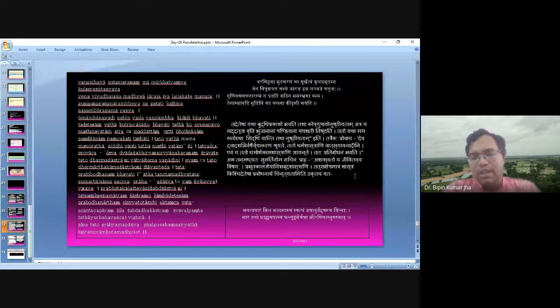One scholar is saying that we can understand this easily: at least 12 years we need to teach grammar. After that only can we teach dharma shastra. Dharma shastra means the rules of the code of conduct.